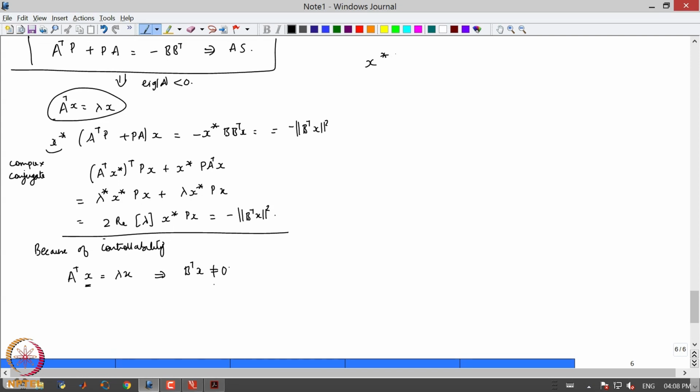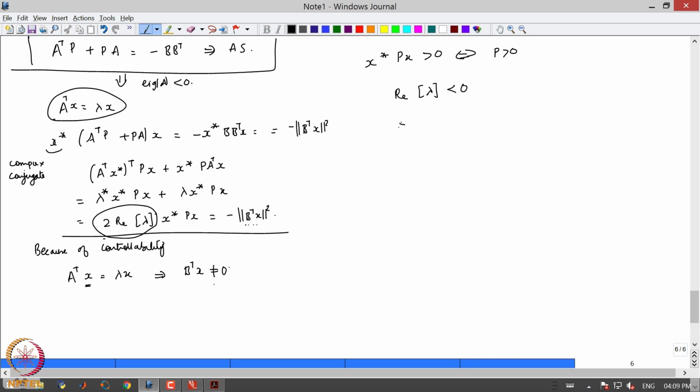So, this should definitely be less than 0. X conjugate P x is always greater than 0 because P is greater than 0. Now, I am just left with this term, and the overall term should be less than 0 because this is not allowed to be 0, and then I have the norm with the square. So, this number should always be less than 0 because of the negative sign here, and therefore the only solution left is for the real part of the lambdas to be less than 0.